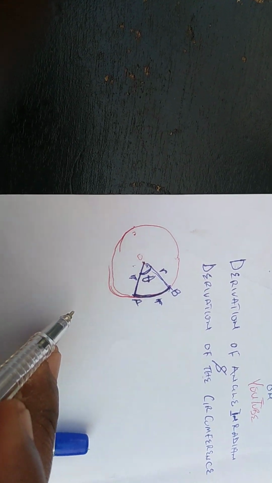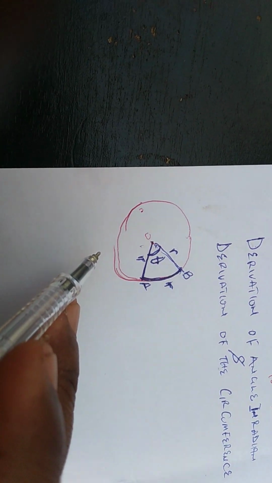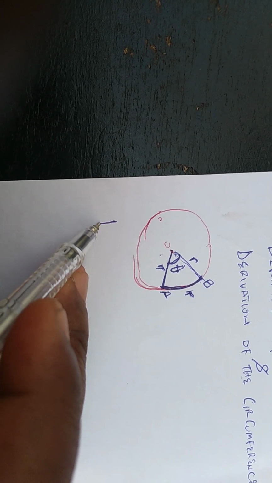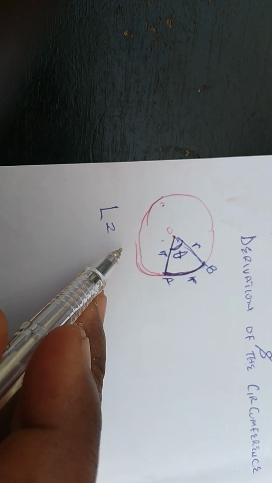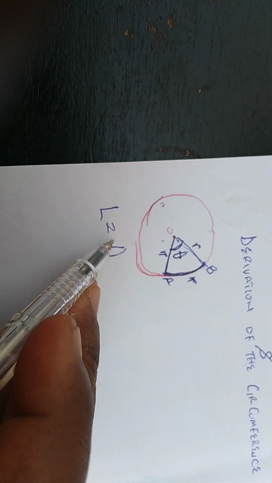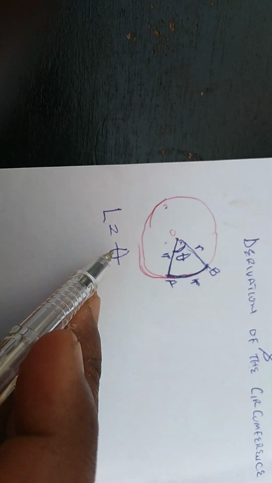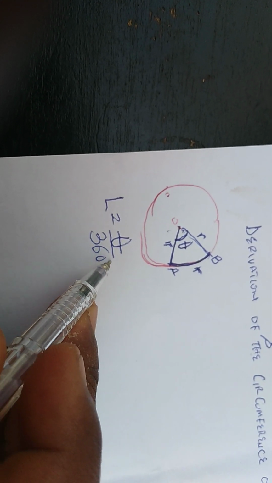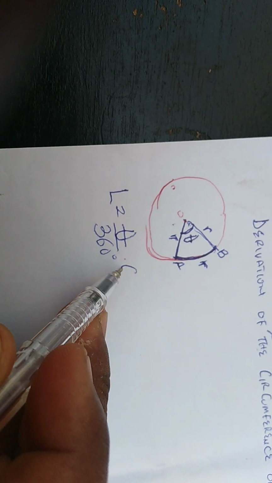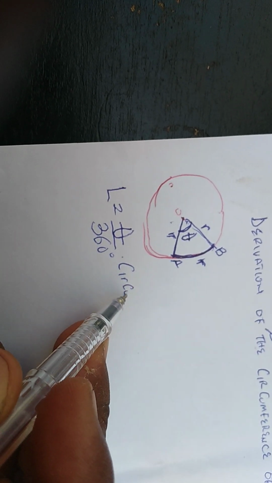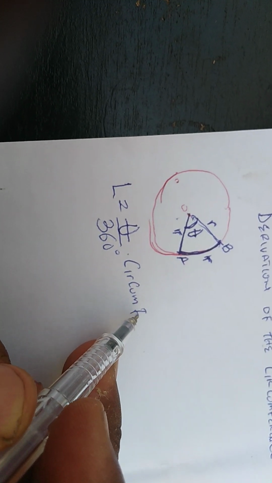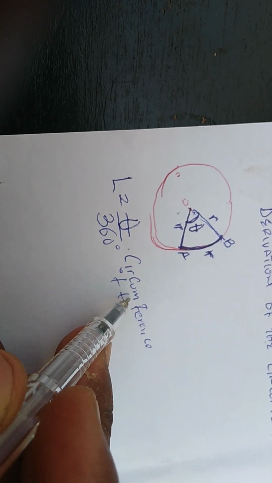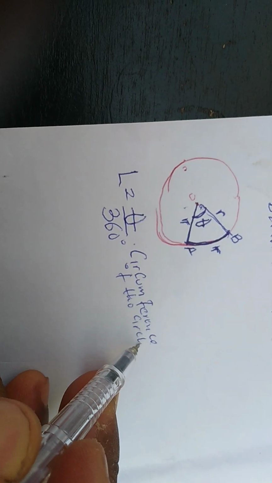And in our elementary mathematics, we are very sure that the length of an arc is the fraction of the angle sustained at the center divided by the total angle in a circle, which is 360 degrees, times the circumference of the circle.